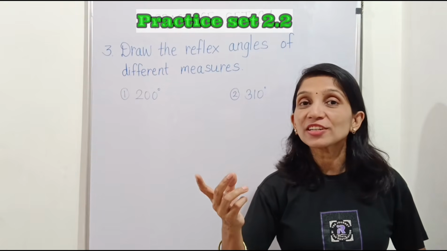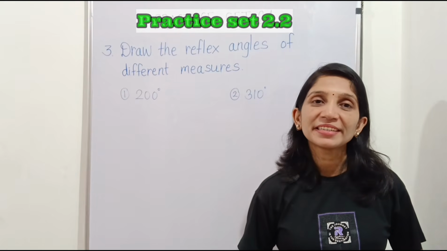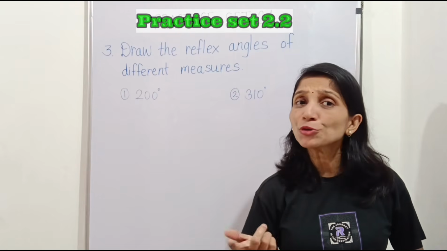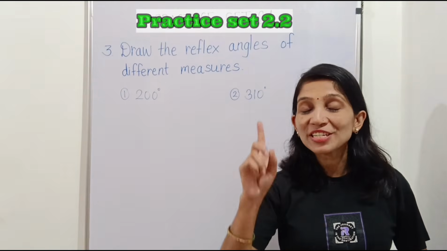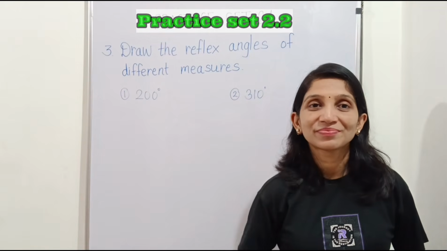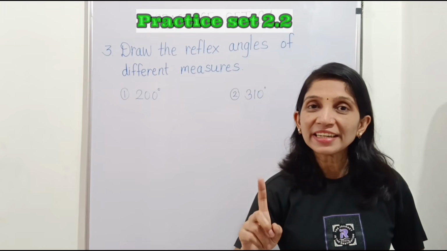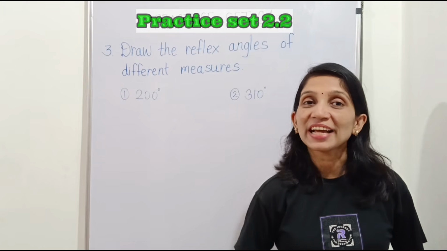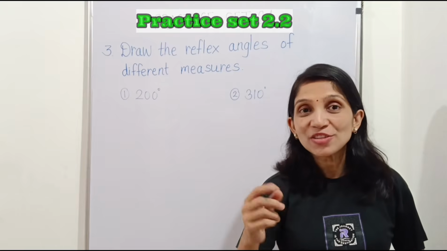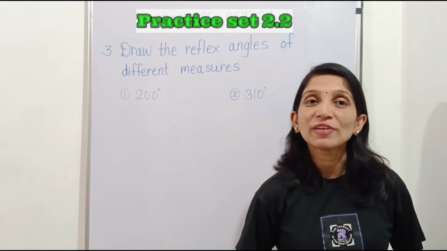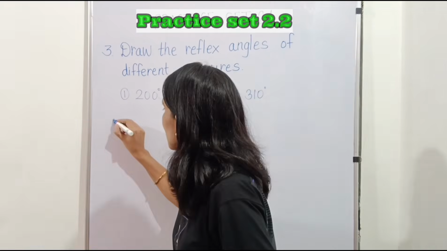But our protractor shows only up to 180 degrees. Then how to draw it? Just keep one thing in mind. Reflex angle equals 180 degrees plus an additional angle. That is the formula we will have to use while drawing a reflex angle.